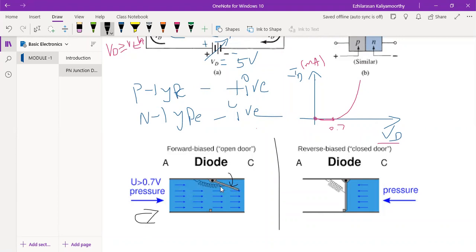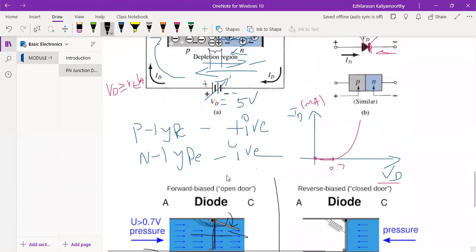This is nothing but a door. Initially it will be like this. Now when you give more pressure, this is like a barrier, and the spring gets moved and the door starts to open. This is the forward direction. This is the analogy of how we can connect this with the PN junction diode.